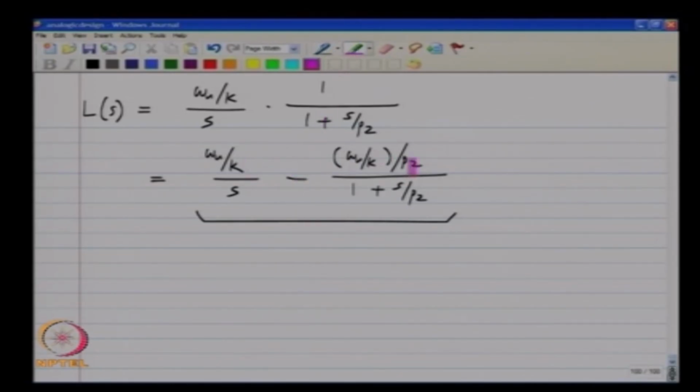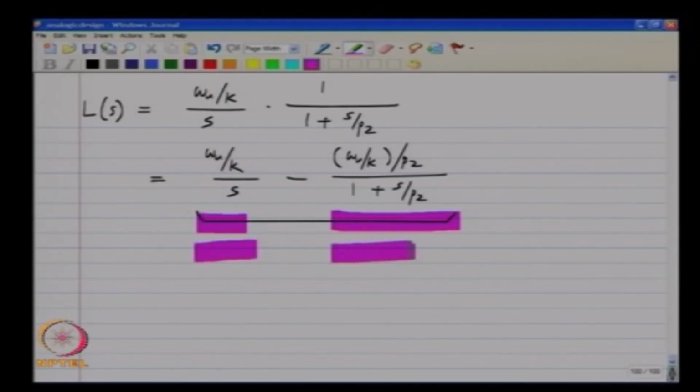Now, the reason to write it down as in the partial fraction expansion is, now the step response of the loop gain is the step response of the first part of it minus the step response of the second part of it. Okay.